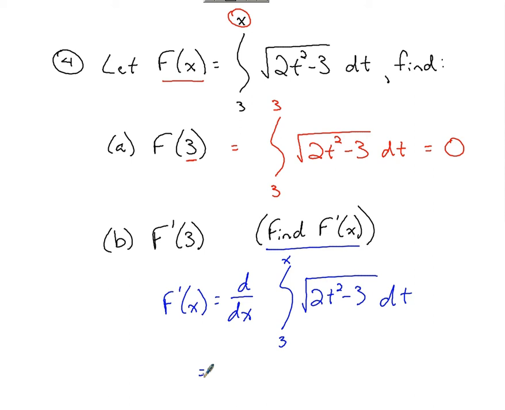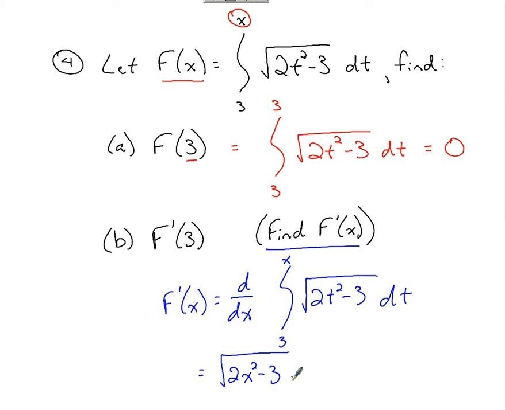So we start by taking the x on top. We plug in for the variable t, right? We get the square root of 2x squared minus 3. Then the idea is after you take that x you plug in, tack on down here the derivative of x, which is just 1. And then subtract, right?